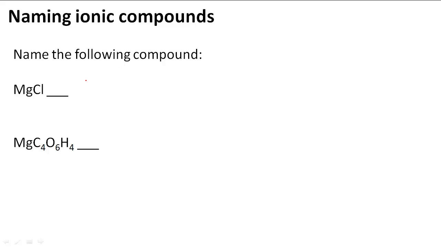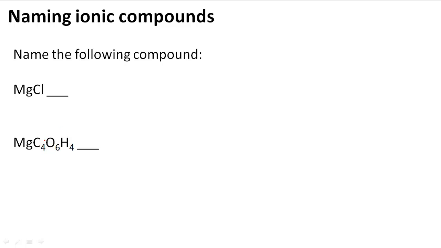Naming ionic compounds. In this problem, it says name the following compounds: MgCl and MgC4O6H4. So we have two ionic compounds to name, because Mg and Cl are ions that attract to each other because of their electronegativities, and Mg and this polyatomic ion are attracted to each other based on the number of electrons they have, so this is also an ionic compound.